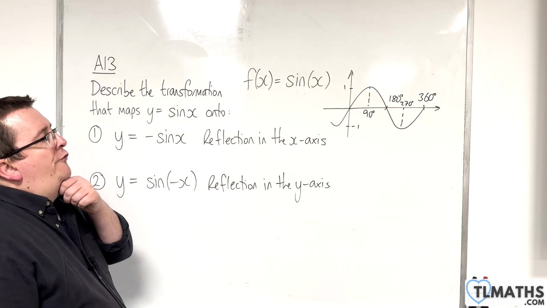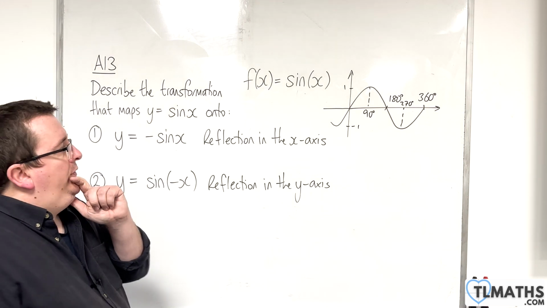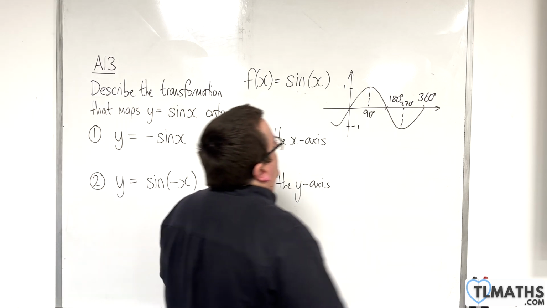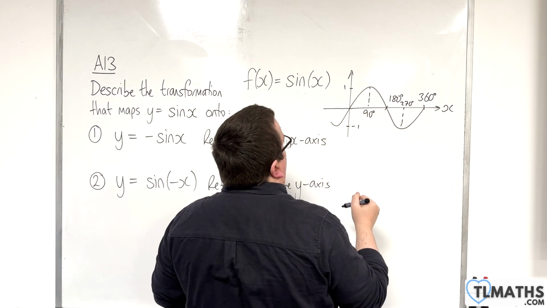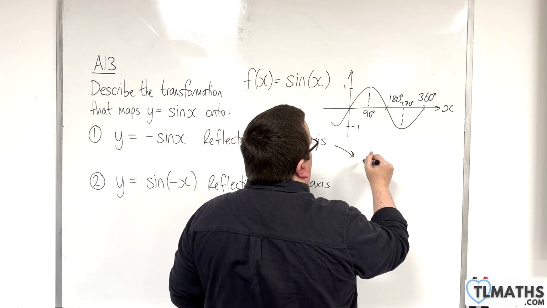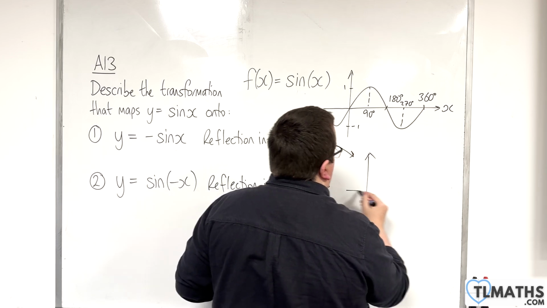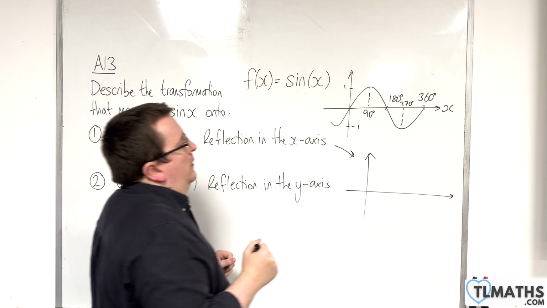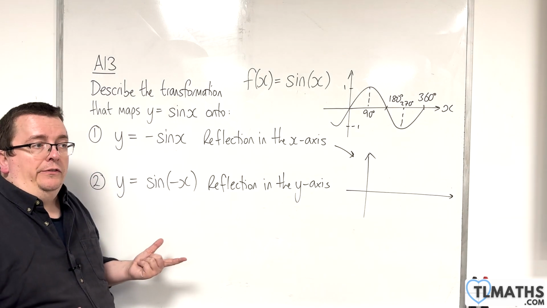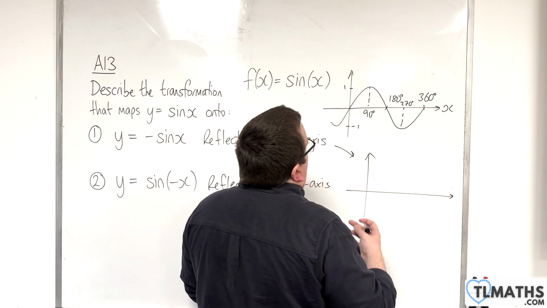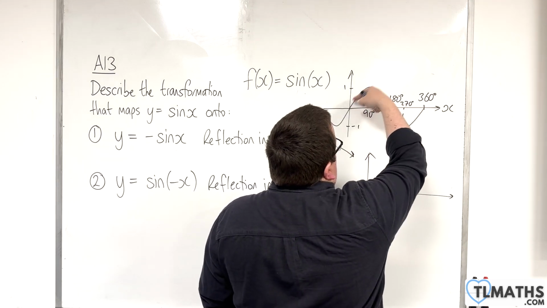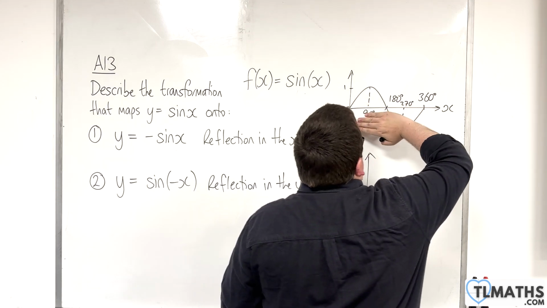Now, if you reflect this in the x-axis, then the x-axis is your mirror line. So, what will the sketch now look like? So you might want to try and sketch it yourself so you can visualize what this should look like. So this part here will get reflected in the x-axis and will go down here.